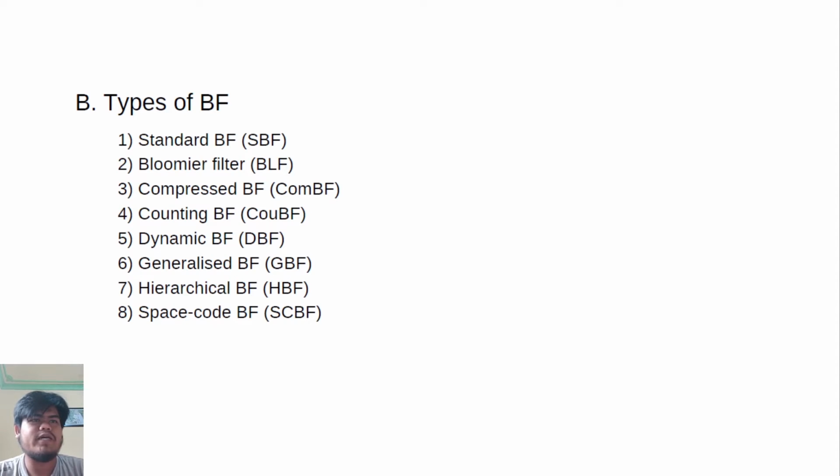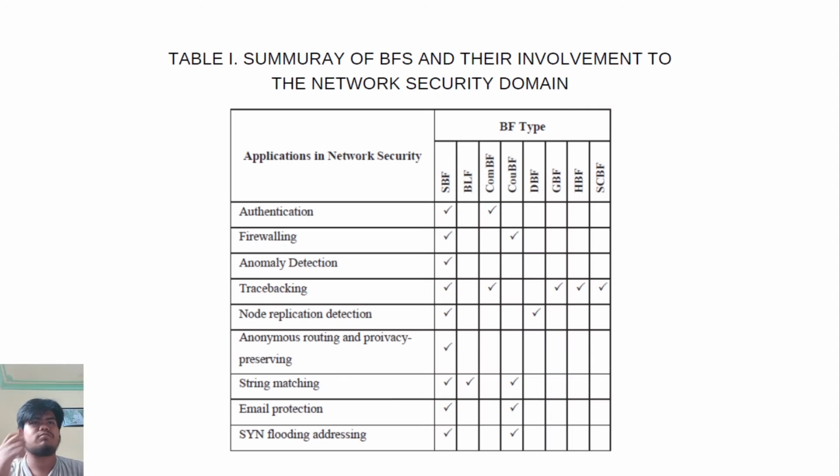Number 5, dynamic BF, and then generalized BF, hierarchical BF, and space code BF. And this is table number 1, summary of BFs and their involvement in the network security domain.